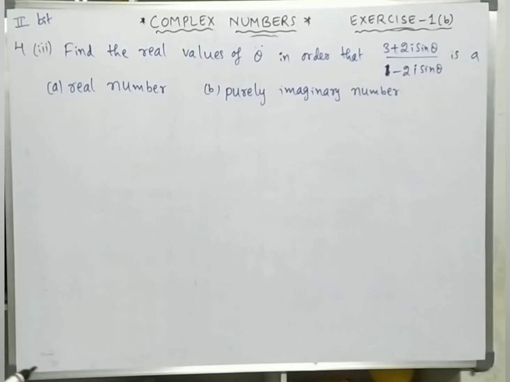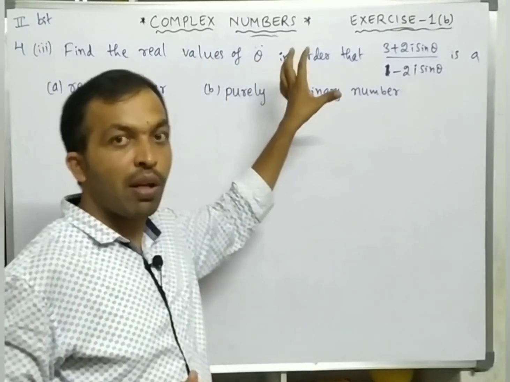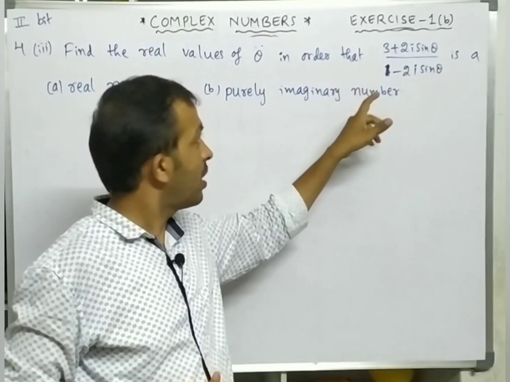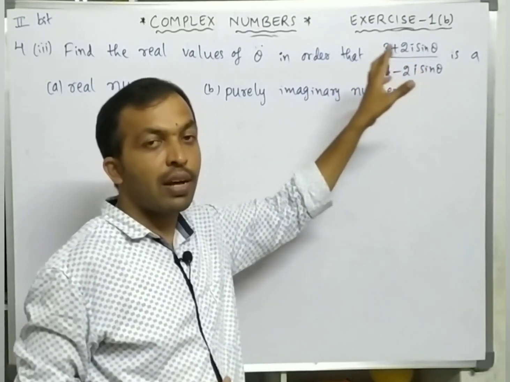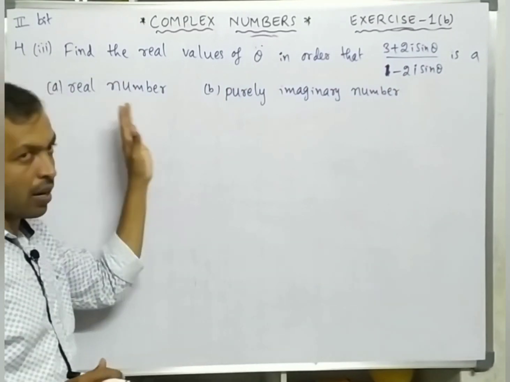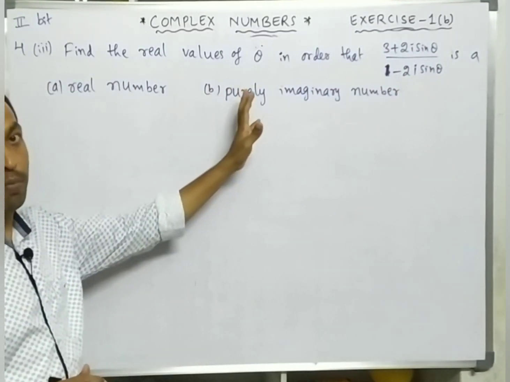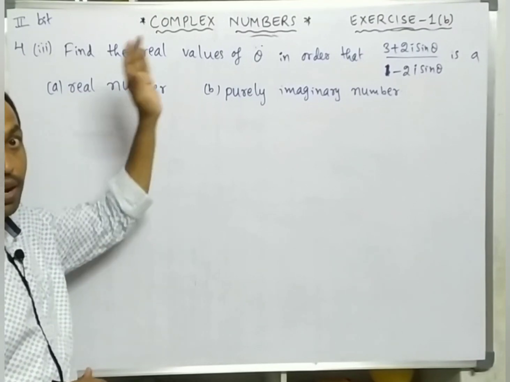Next, third problem in fourth bit: find the real values of theta such that (3 + 2i sin θ)/(1 - 2i sin θ) is a purely real number, and a purely imaginary number. In this case we should find the values of theta.